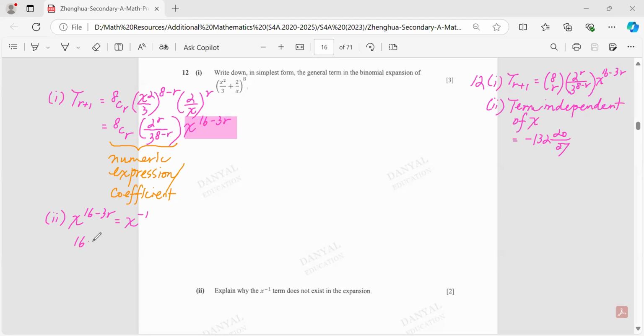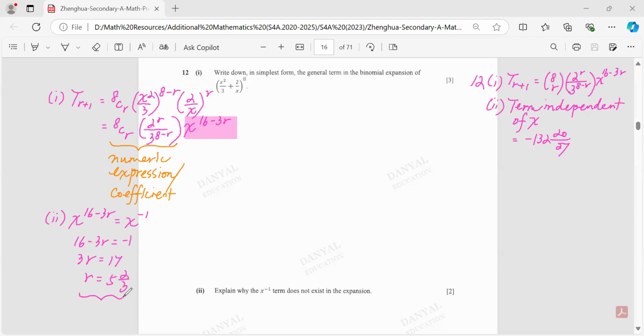Comparing the power, I have 3r equals 17. So r is equal to 5 and 2/3.